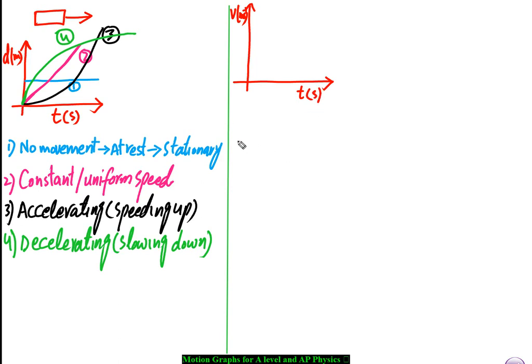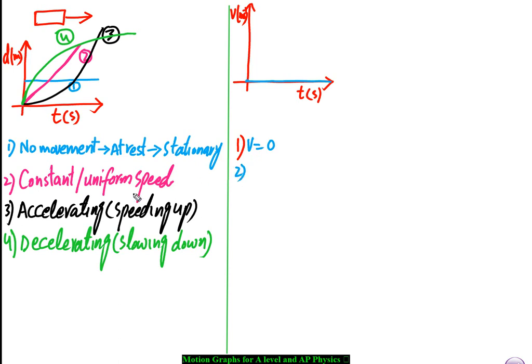Now the question is how we can show number 1, no movement. No movement simply means that velocity is equal to 0. So we simply draw this horizontal line, meaning the body is not moving.